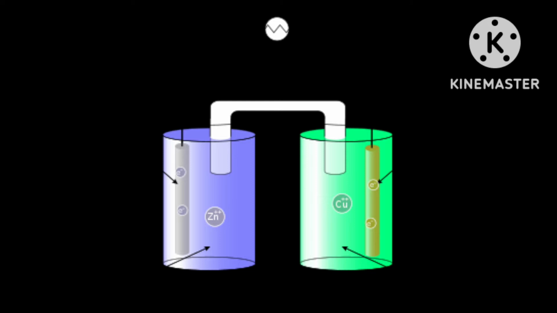Blue color coming means end point reached. Here, when you are using chromate ion, diphenylamine is used.